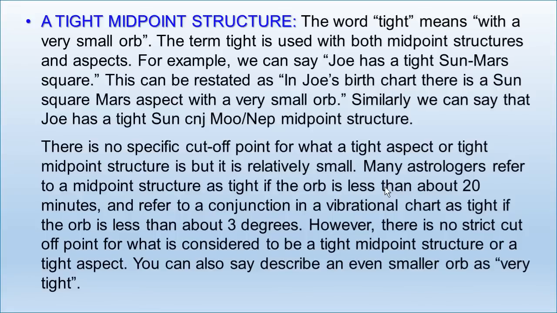If I say you have a strong Sun conjunct Moon-Neptune, it's not quite as clear. Usually that means small orb as well, but maybe there's some other reason why you think it's so strong. Tight means small orb. Very clear, very precise.